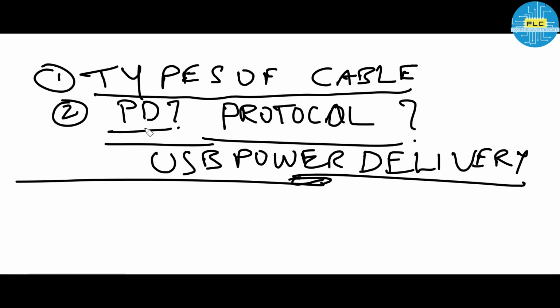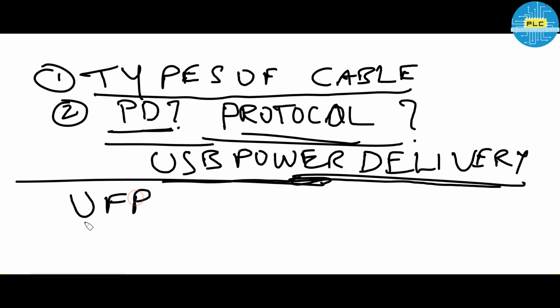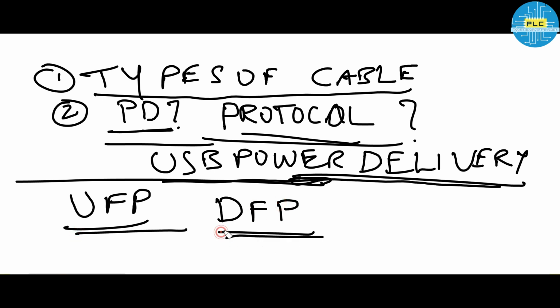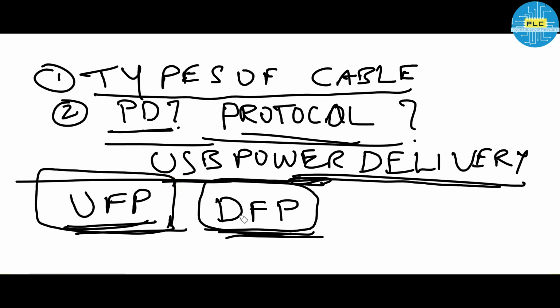Types of cables, PD, what is the protocol, USB power delivery, UFP already introduced, DFP. The words UFP and DFP, these two are very main things, please don't forget them. So depending on this, the PD power will be delivered in type C circuits.